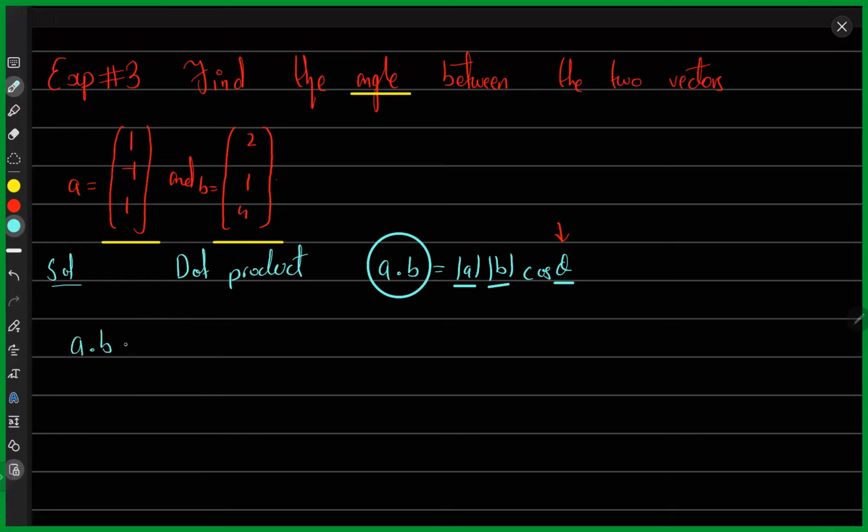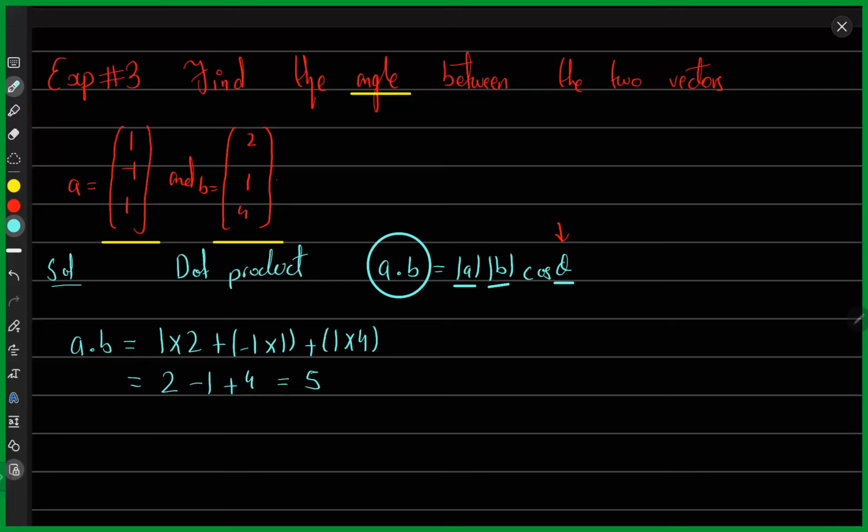A dot B is basically equal to 1 multiplied by 2 plus minus 1 multiplied by 1 plus 1 multiplied by 4, and this is going to give you 2 minus 1 plus 4, and this is basically 5.